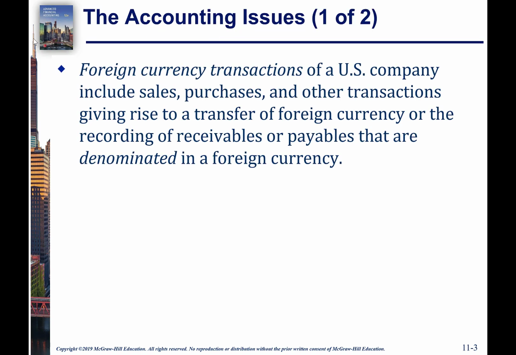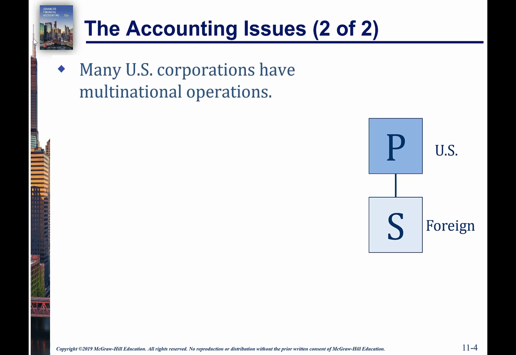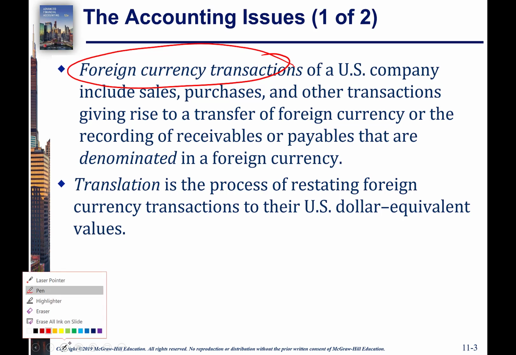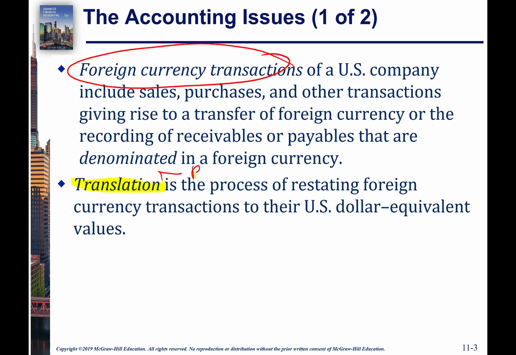Okay, so with that, let's just go ahead and talk generally about foreign currency. And again, as I've mentioned, foreign currency transactions we're going to talk about first, and then later we will talk about foreign currency translation, which is one method. The other method that we will talk about, depending on the nature of the relationship, will be remeasurement.